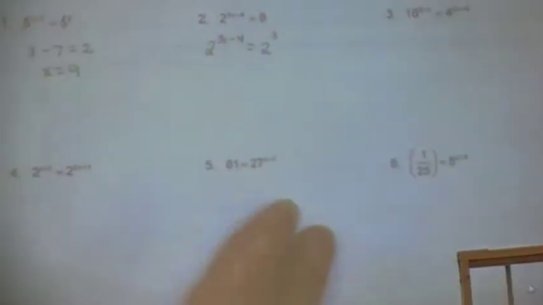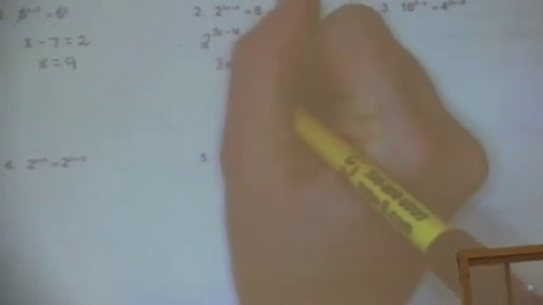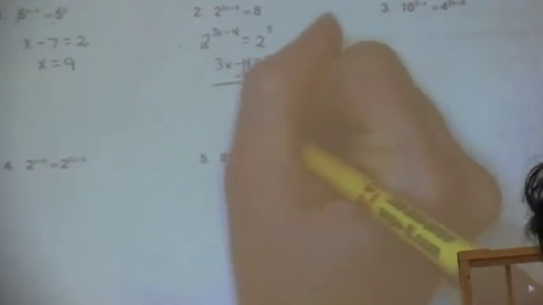Now the right-hand side I'm going to write as 2 cubed. So I have 3x minus 4 equals 3. Because once my bases are the same, you just solve. So I got x equals 7/3. So far so good?